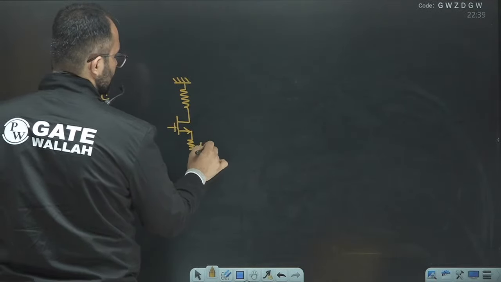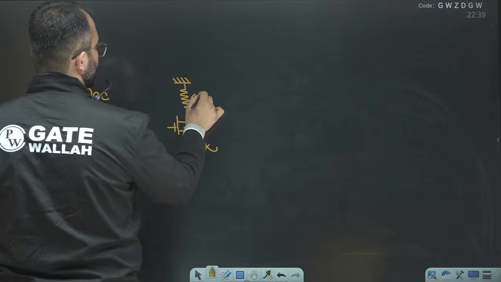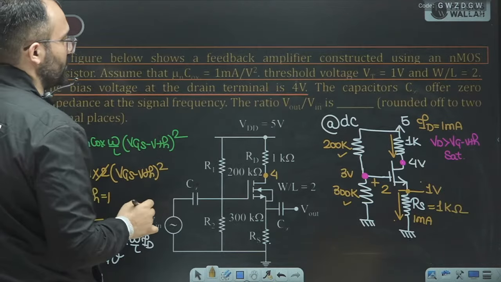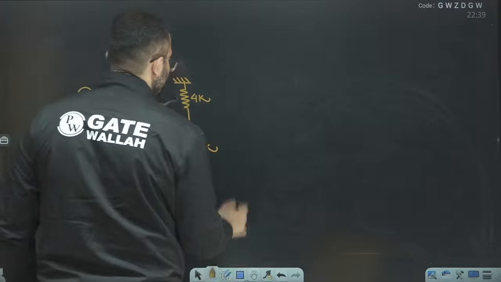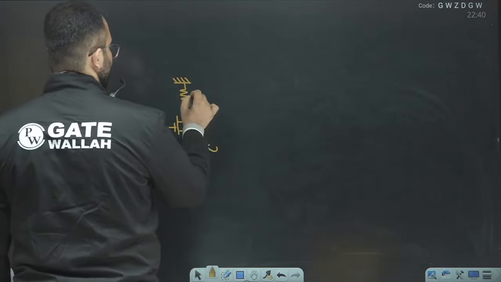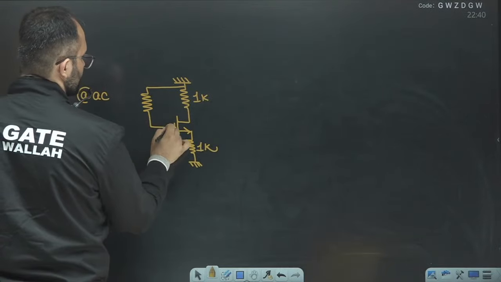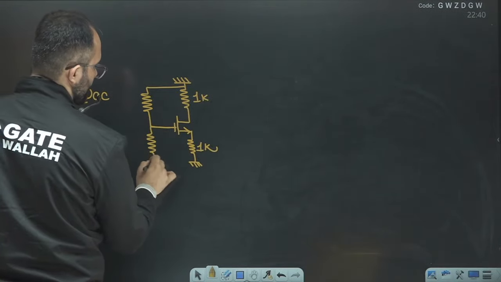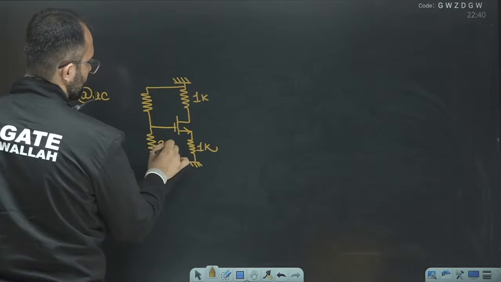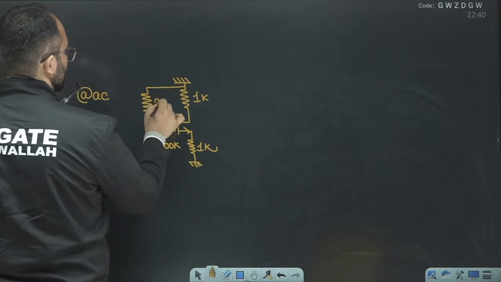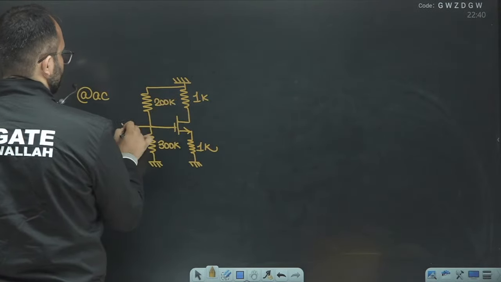So here we can see it is 1 kilo ohm. Yeah, 4 kilo ohm, I think. 1 kilo ohm. 300 kilo, 200 kilo, and here we have in.